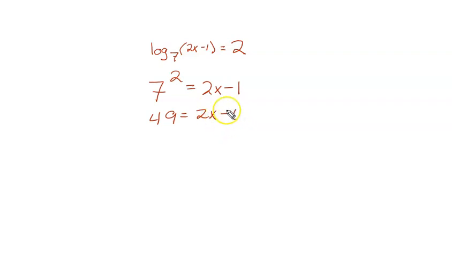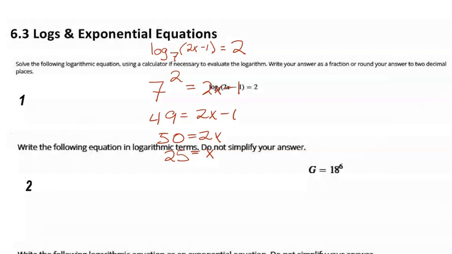We're going to transpose the negative 1 over to the other side where it becomes a positive 1. And 49 is 50 equals 2x. Divide both sides by 2, so x here is 25. Okay. We'll move on to the next one.